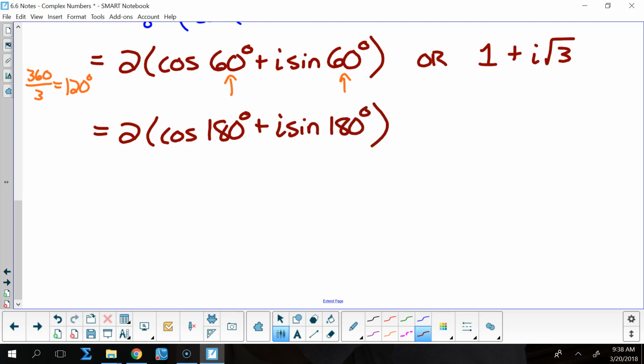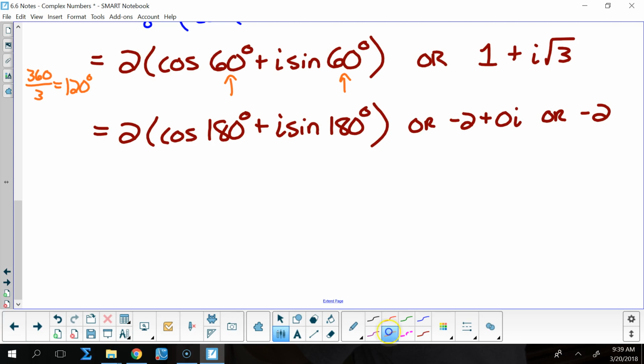Right? Well, what's the cosine of 180 degrees? -1 times 2. -2. What's the sine of 180 degrees? 0 times 2 is still 0. So that's 0i. Or we would just write that as -2. Is that one of our other solutions? Yeah. Okay.